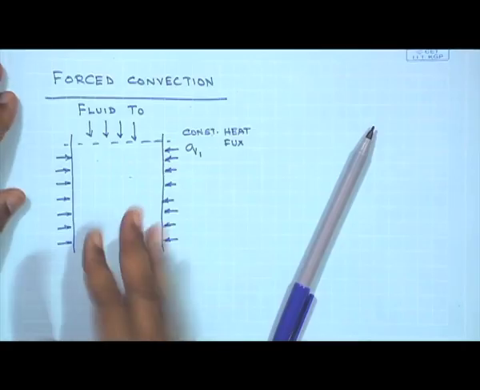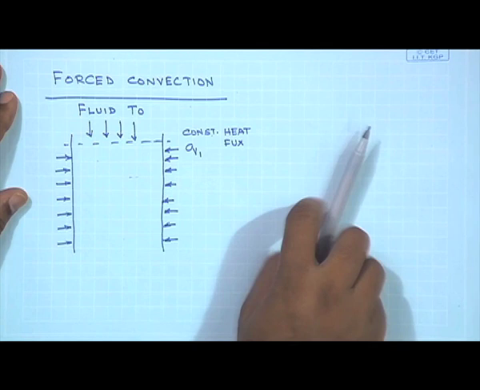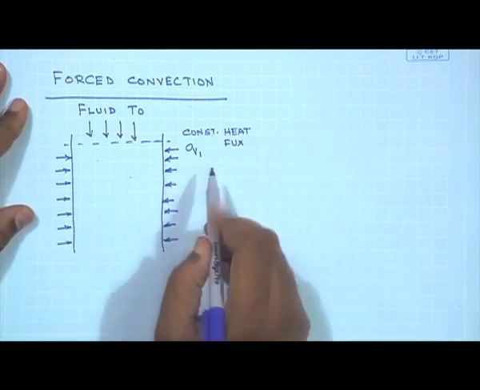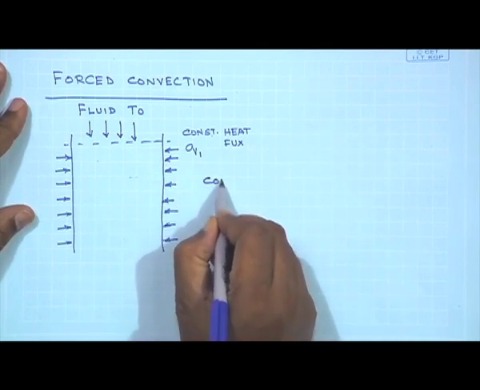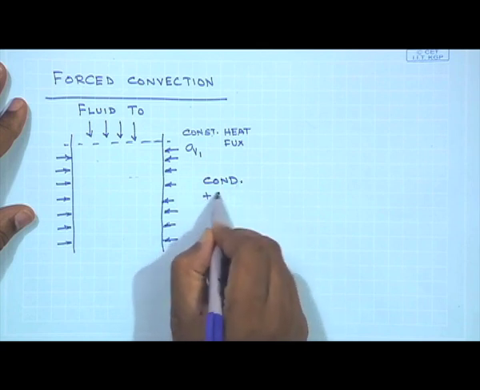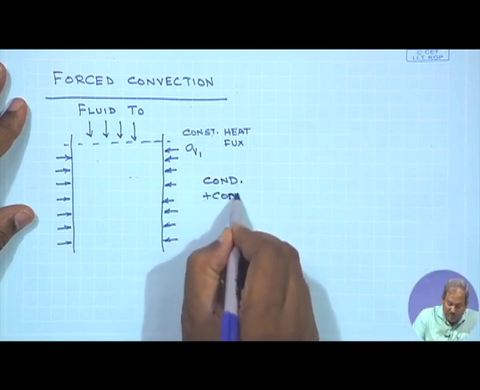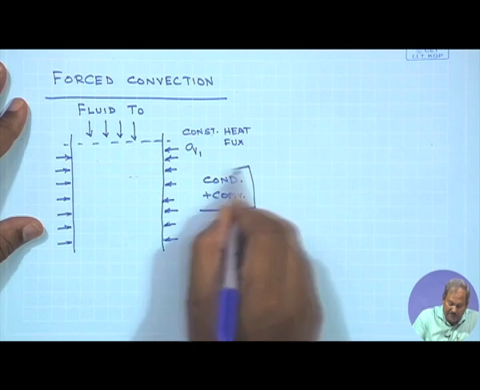The temperature profile will vary with the axial position, and at a fixed axial position the temperature will also vary with the radial position. So, looking back at the figure again, the fluid is moving, a constant heat flux is being added, and you have both conduction plus convection present in the system.